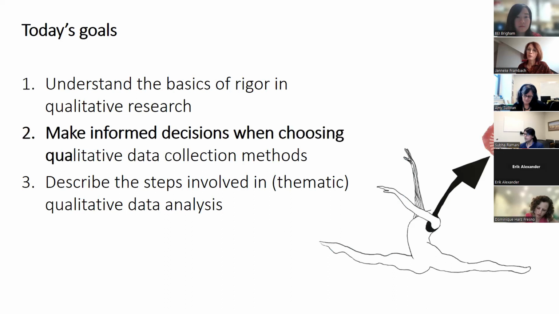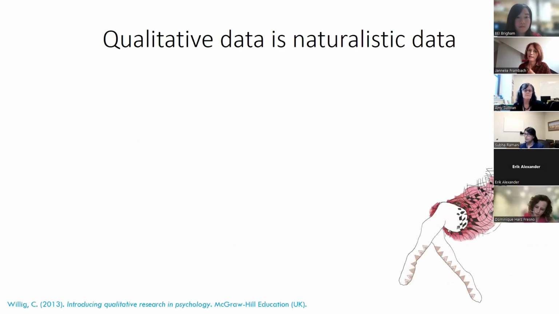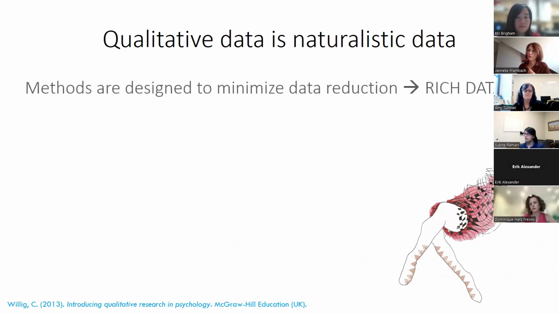Now with this in mind, because we'll come back to this as well, let's move to the second part, which is about data collection methods. As you may already have discussed in session 1, qualitative data is naturalistic data, and the methods are designed to minimize data reduction.